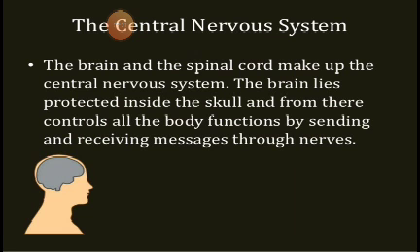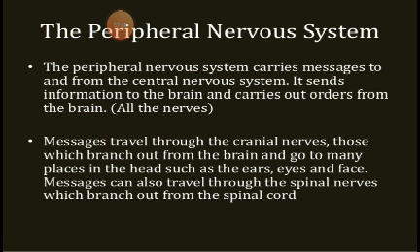Cranial nerves are the nerves which originate from the cranium and supply the organs of the head like eyes, ears, nose, tongue, etc. The peripheral nervous system carries the message to and fro from the central nervous system. It sends information to the brain and carries out orders from the brain.